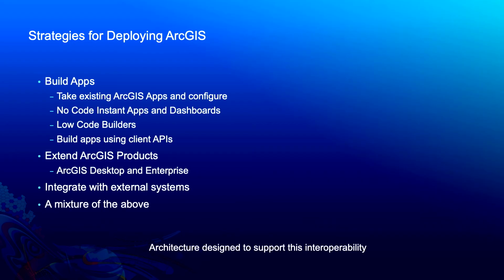When it comes to deploying your solution or your applications, how do you actually go about that? Well, you can obviously build apps. That's probably the most common way of building a custom set of functionality for your users. You can take existing ArcGIS applications and configure them and extend them.